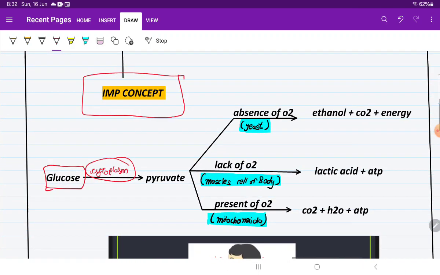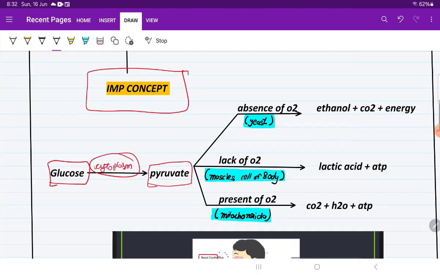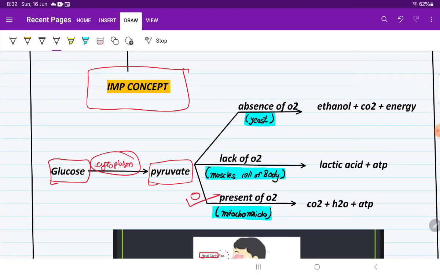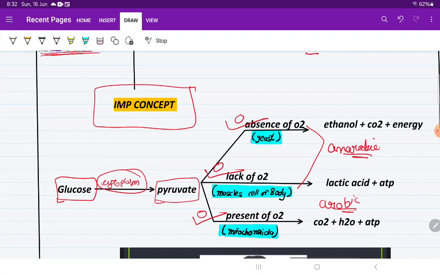It converted into pyruvate. Then the pyruvate is converted in 3 ways: presence of oxygen, lack of oxygen, and absence of oxygen. These both are anaerobic, and this is aerobic. Okay, let's first of all see the absence of oxygen.